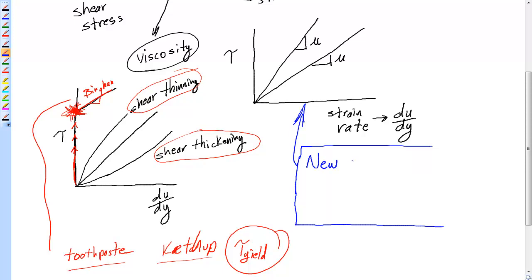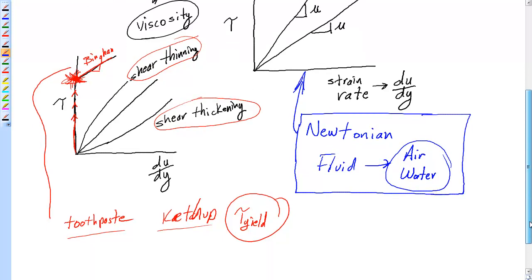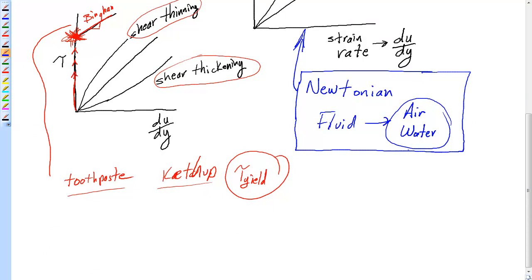These are called Newtonian fluids, and for the most part, the most common fluids on Earth are air and water. A majority of everything you come across and that you'll deal with is air and water, unless you go work for the petroleum industry or something like that, and you'll deal with things a little bit different. We'll talk about that in a second.